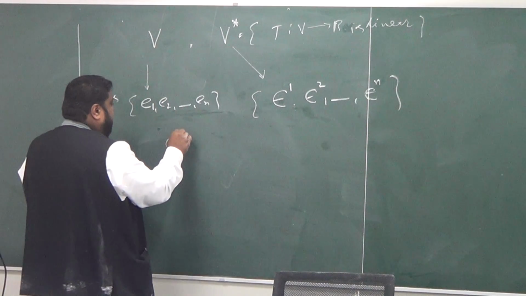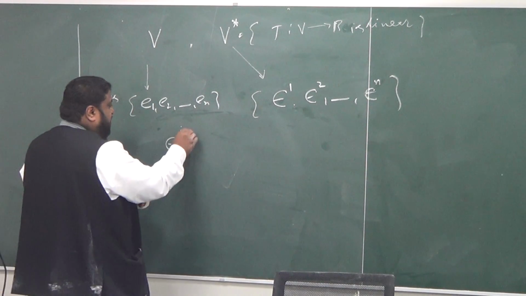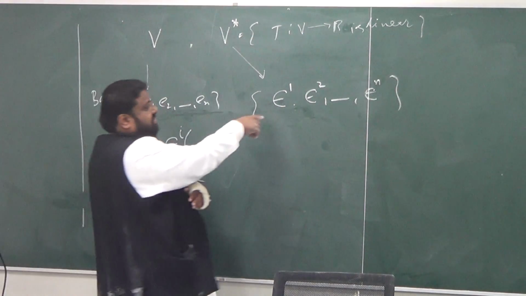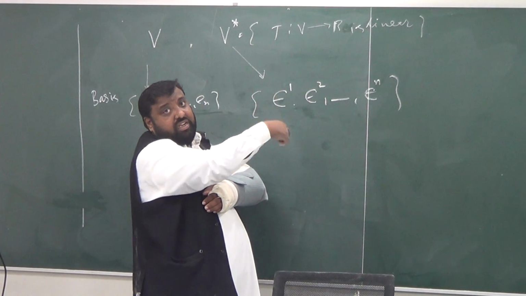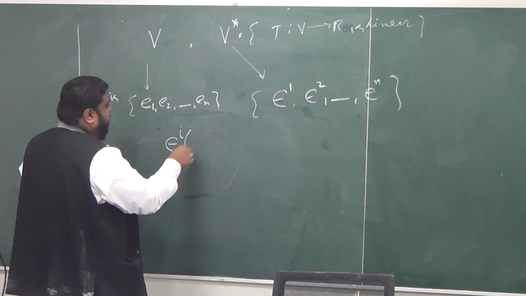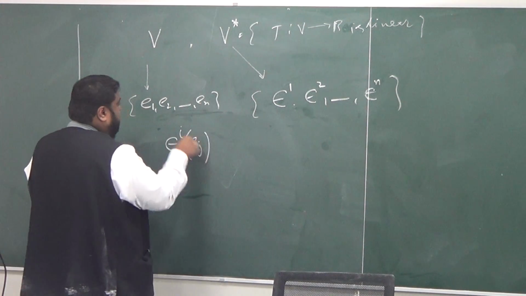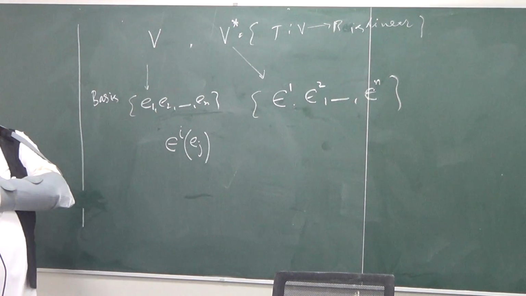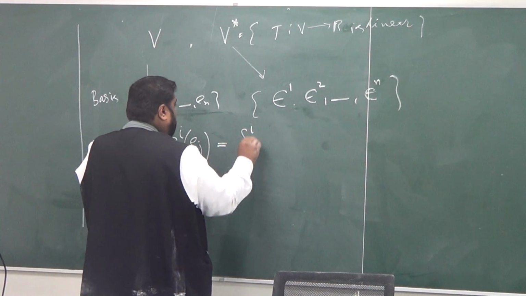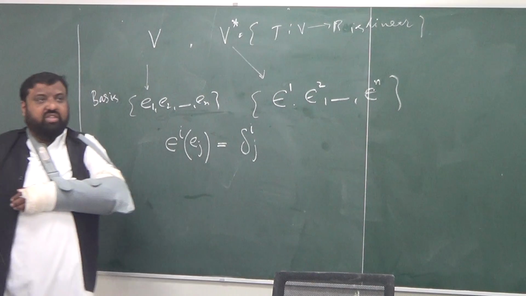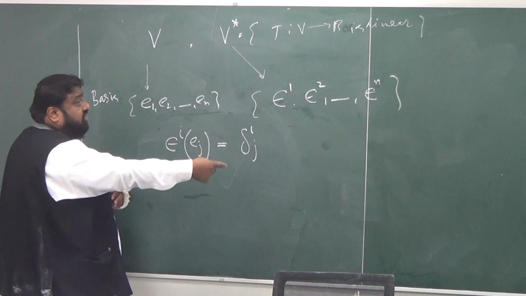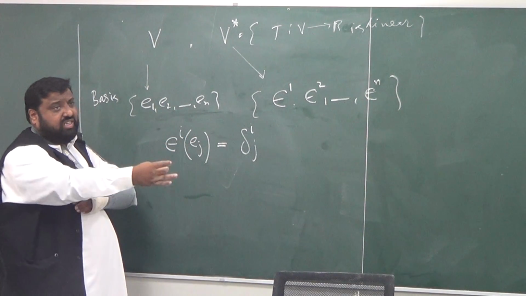If you take epsilon I and operate it on Ej, because these are linear operators from V into R, being elements of the dual, you expect to get the canonical delta, delta Ij. So epsilon I of Ej is 1 if I is j and 0 if I is not j. We discussed all that.